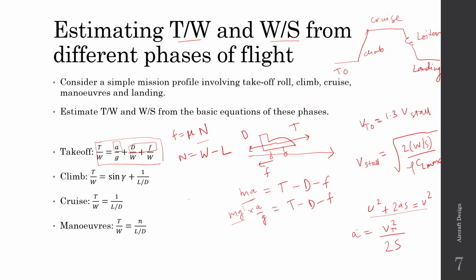The final velocity is the takeoff velocity, and s is the runway length. If you know the runway length, or in how much distance the aircraft has to take off, you can calculate the required acceleration, and from the required acceleration you can then calculate the thrust loading.